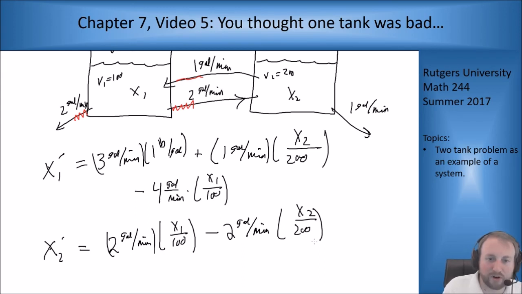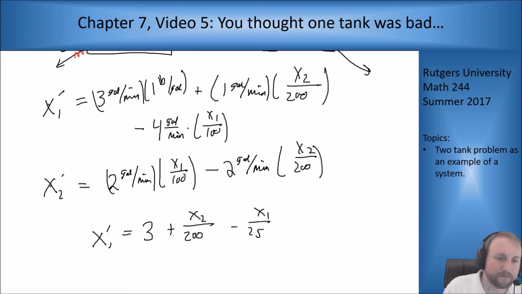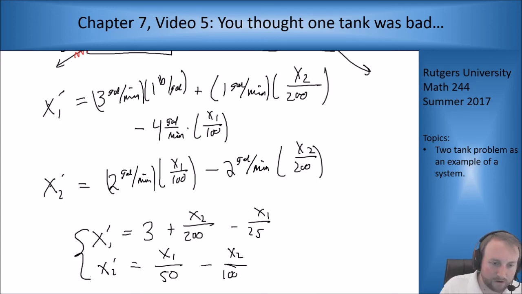So now if I put all this together in combined terms, I get X1 prime equals 3 plus X2 over 200 minus X1 over 25, and X2 prime equals X1 over 50 minus X2 over 100. So that gives me a system of ODEs that I could try to solve.